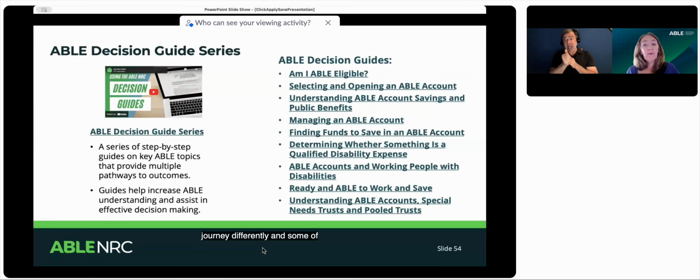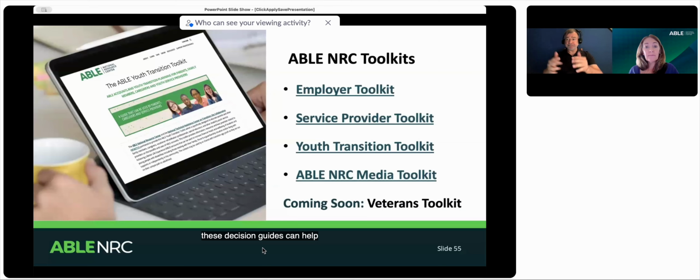On the next slide, I want to share that we also have some toolkits. We have an employer toolkit, we have a service provider toolkit, a transition age youth toolkit, and then a media toolkit. And coming later in 2025, we will also be publishing a veterans toolkit.